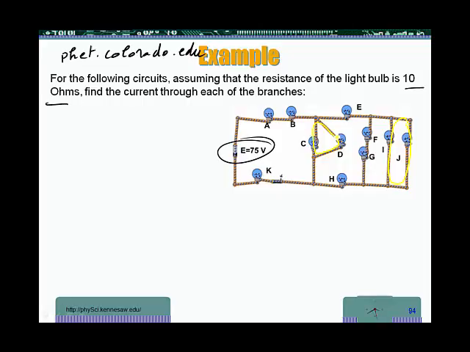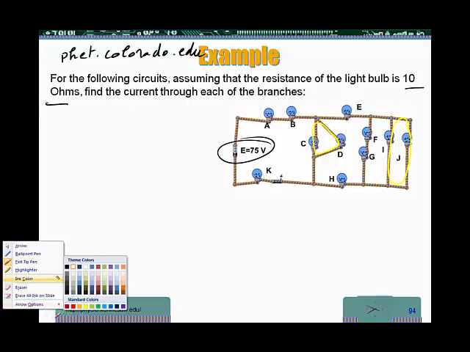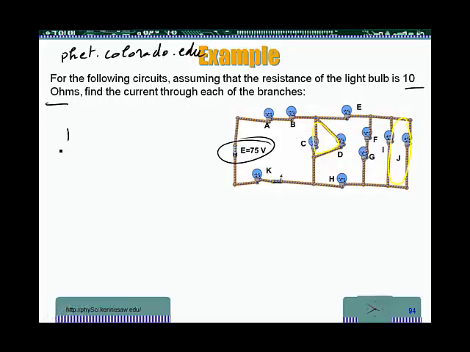Let's see, is there anything else that's in parallel? I don't see any. Okay, so those two are in parallel, so we can replace them by a resistor. That's the equivalent resistance. And remember, for resistors in parallel, 1 over R parallel is 1 over R1 plus 1 over R2.